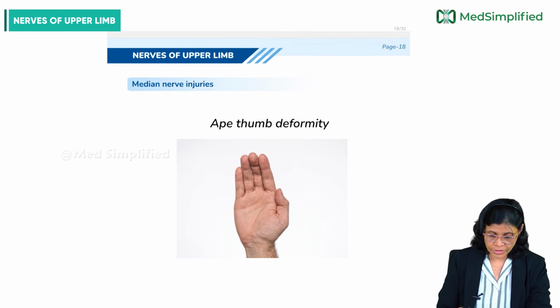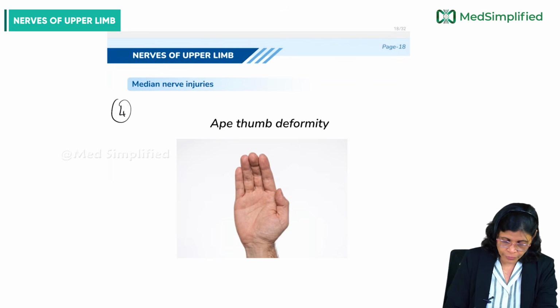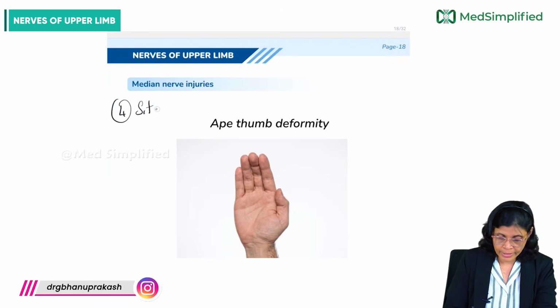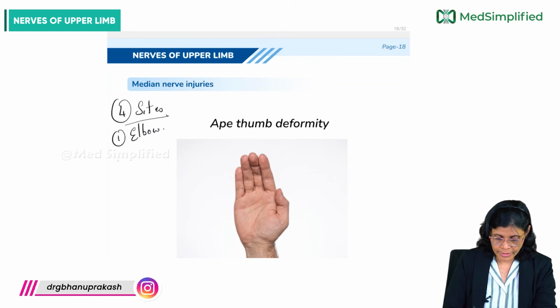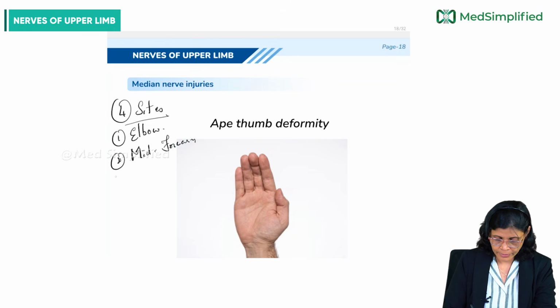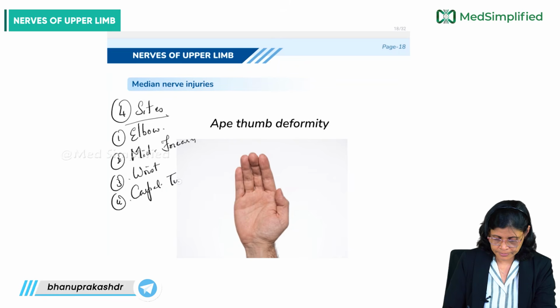One is at the elbow, that is in the cubital fossa region, then the mid forearm, third at the wrist, that is the distal forearm, and fourth, importantly, the carpal tunnel.